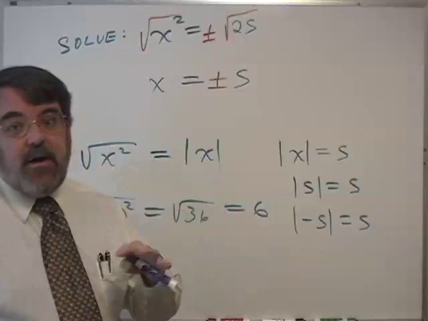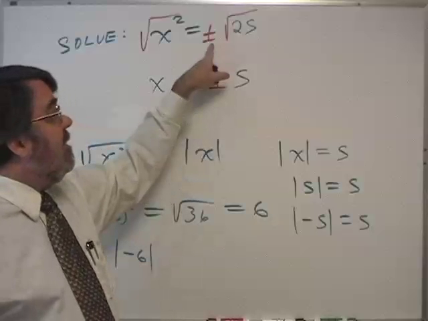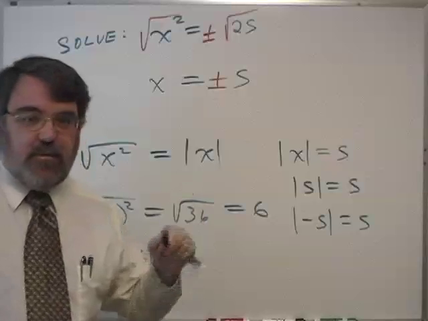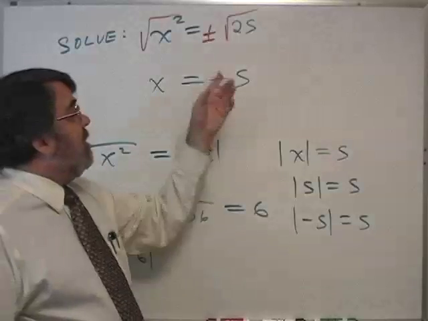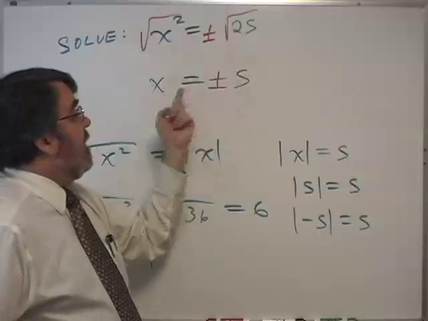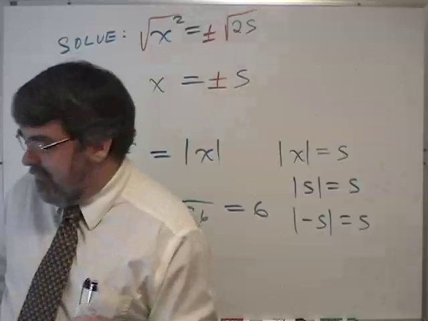And to account for a positive and negative, we can accomplish that by putting a plus or minus symbol in there when we take the square root of both sides. It wouldn't matter if we put the plus or minus symbol on the left or the right, but since we're solving for x, it'd be logical to put it with the number.